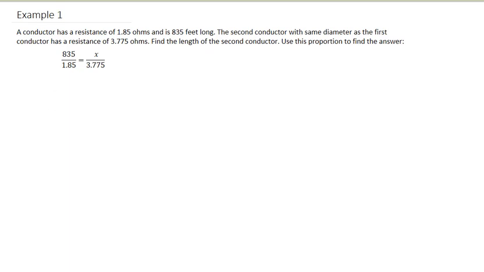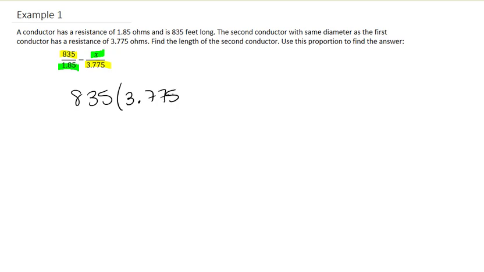So how we do this is we're going to cross multiply. And so we cross multiply by multiplying 835 times 3.775, and then we're going to multiply 1.85 times x. So let's go ahead and do that. So we have 835 times 3.775, which is equal to 1.85x.